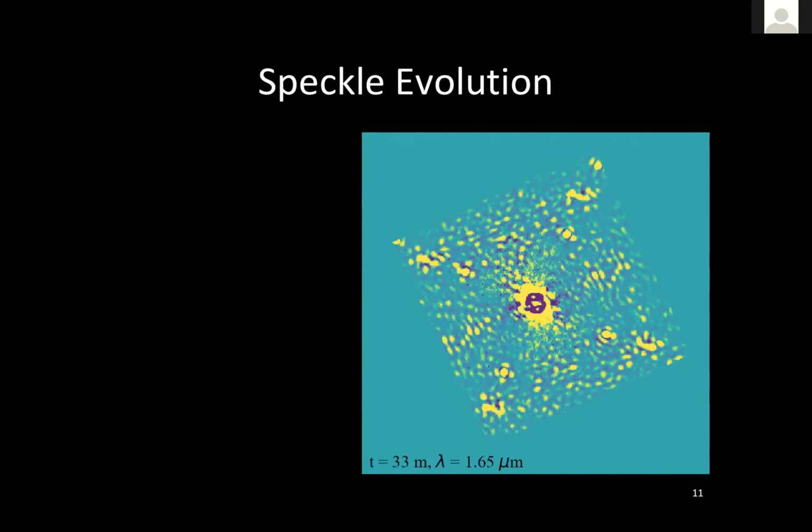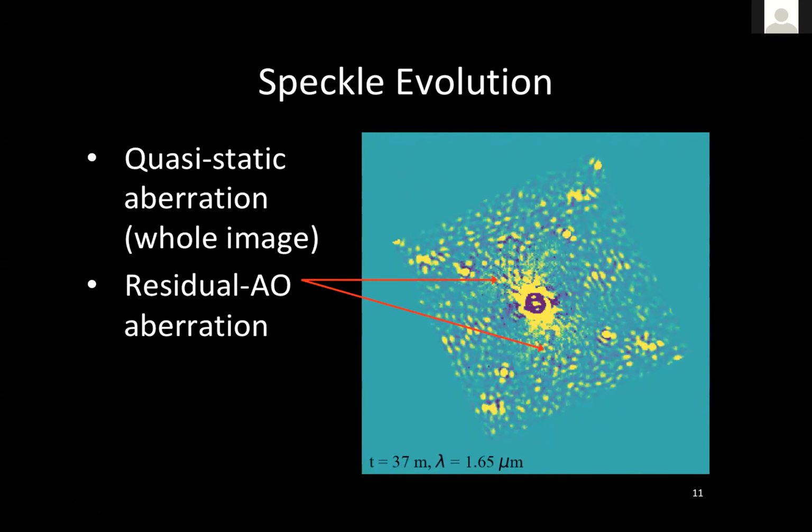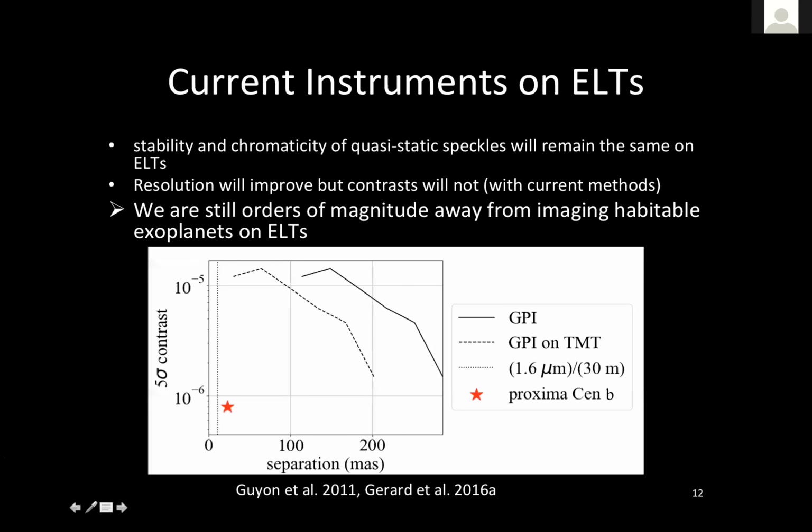There'll be some residual because of this quasi-static speckle evolution. So you see that everywhere. Also, there's a faster evolution, particularly in the direction of the wind. This is because the adaptive optics system doesn't make a perfect correction of the atmospheric turbulence as well. So these effects are both present, and we have to improve them if we want to go deeper in contrast.